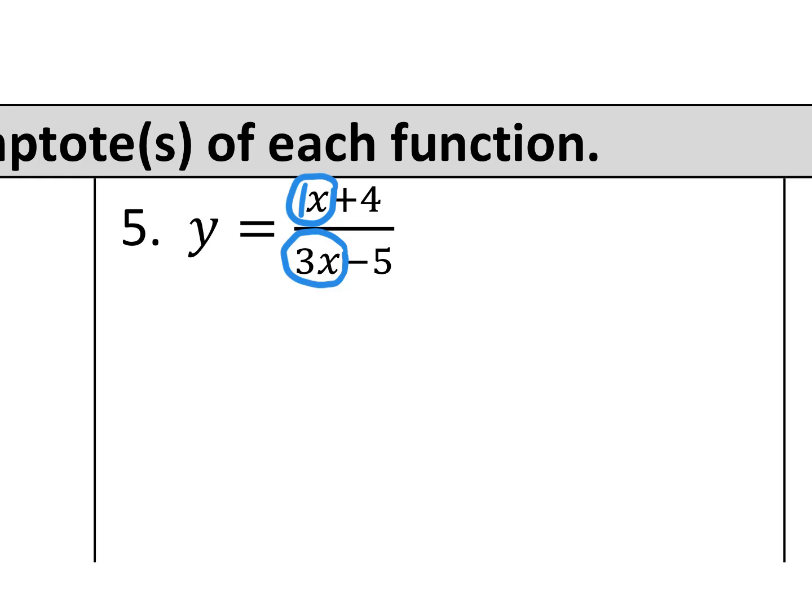Again, I don't need this part of it. Since the top and the bottom grow equally fast, we have a horizontal asymptote at y equals 1/3. We're looking at the coefficient in front of whatever is growing, so it's 1 on top, 3 on the bottom.